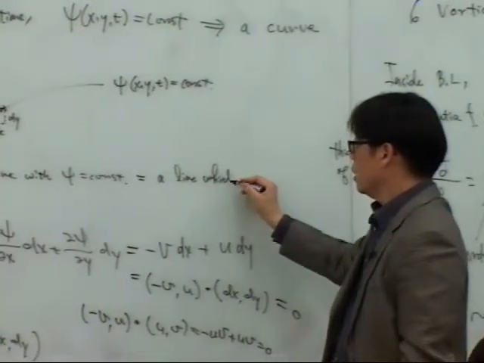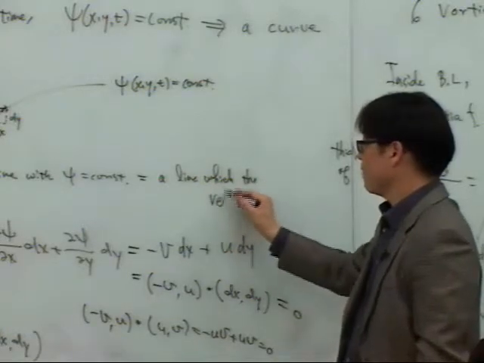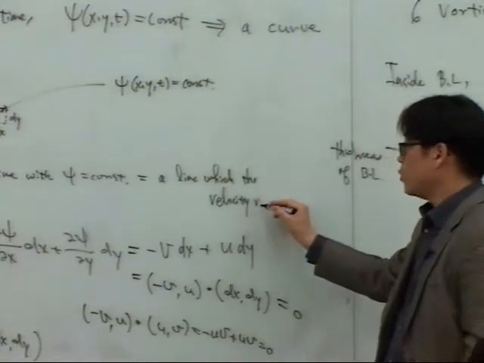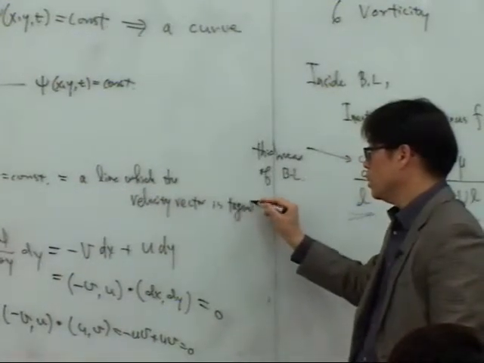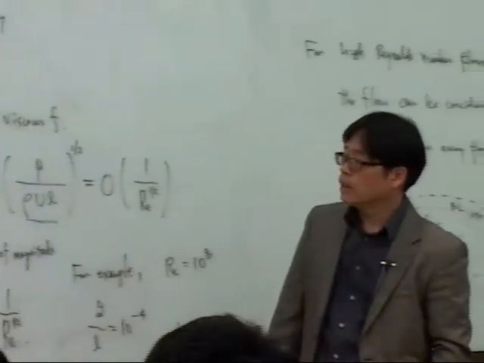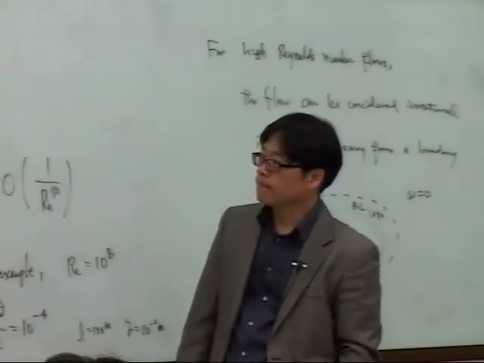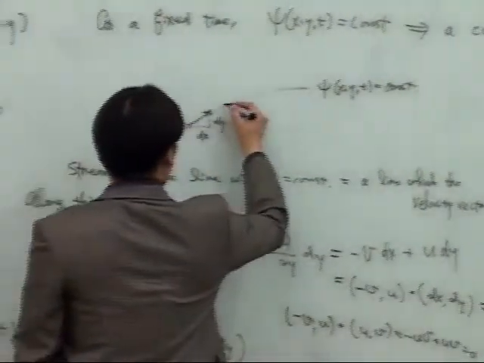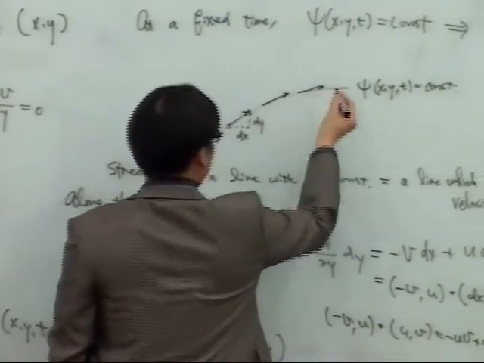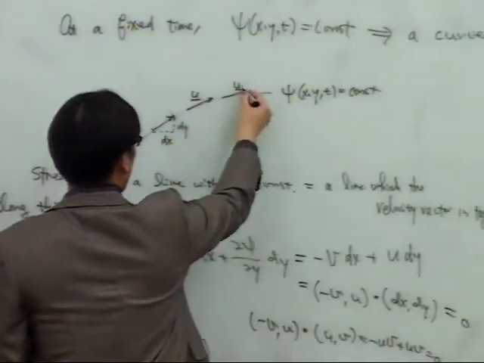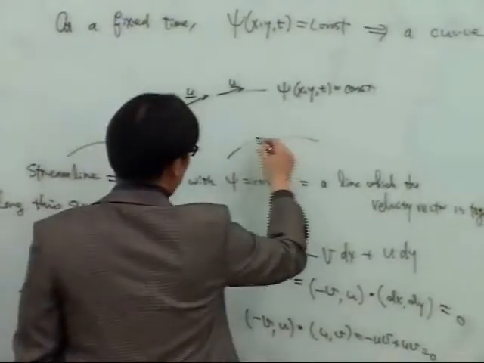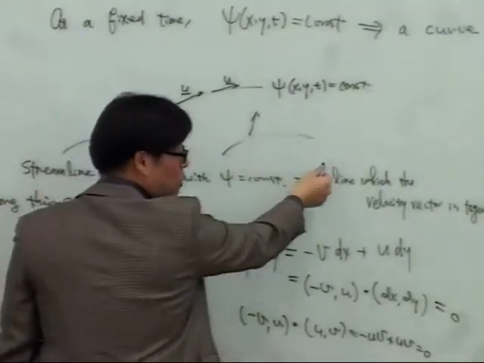which the velocity vector is tangent to. So the velocity vector is always tangent to the streamline. This is a velocity vector u. You cannot have a velocity vector like that if this is a streamline.